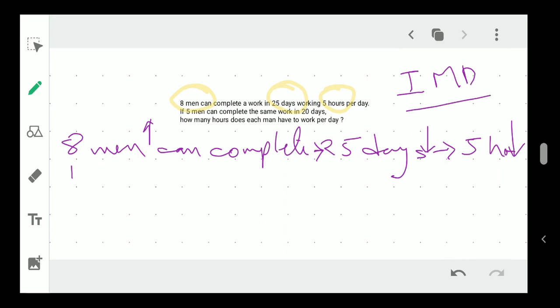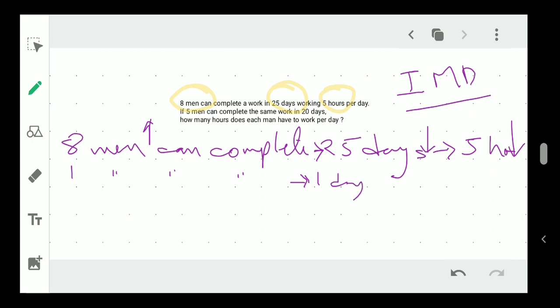Okay, now see, one by one I will come. One man can complete in 25 days, I will keep it as 25, or you can directly do that also, that one man can complete in one day.